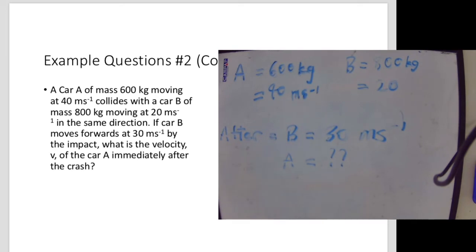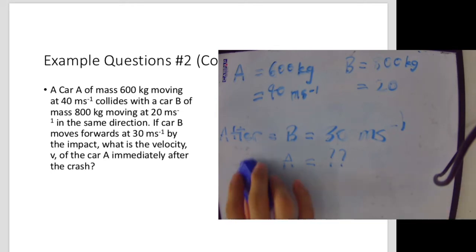So what formula do we use? Well, we know the formula, we've learned it. We have mass 1. Let's use mass A. I'm going to buy some new marker pens tomorrow, hopefully. All right, anyway.